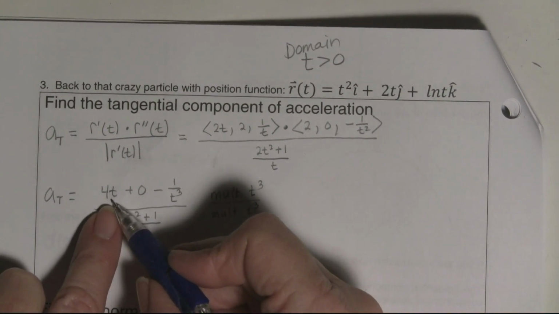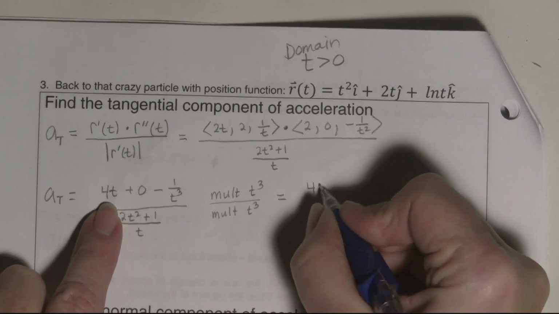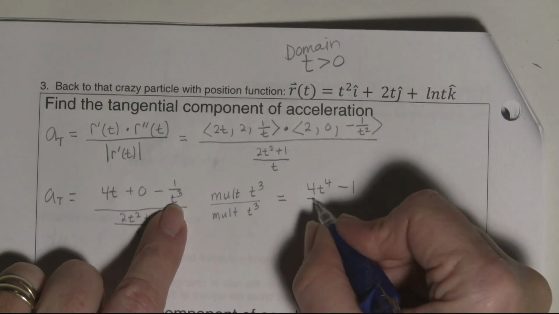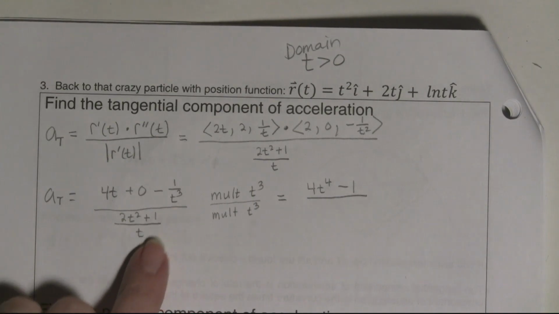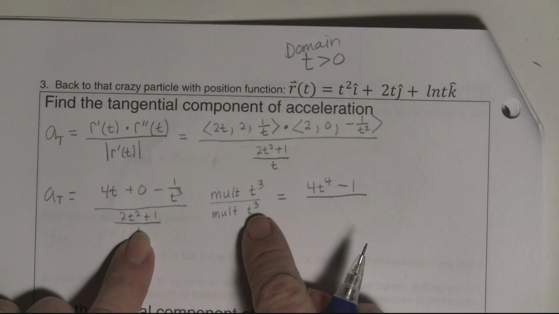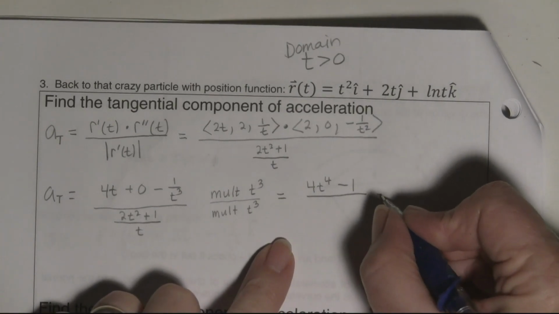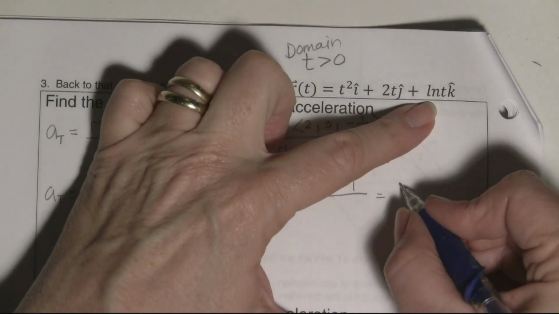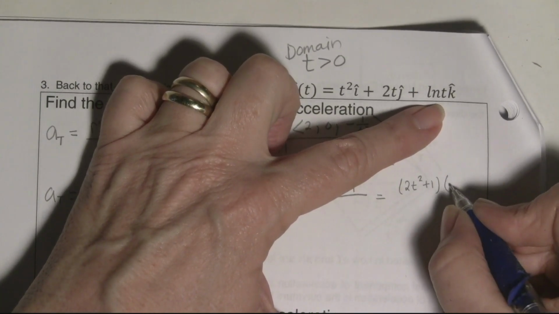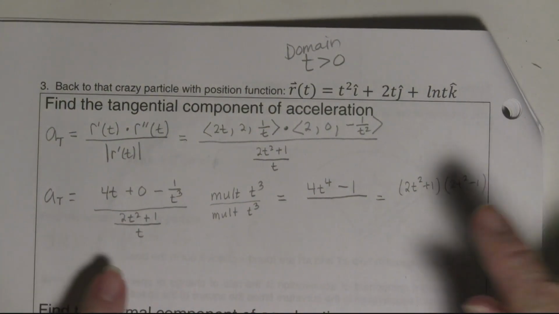So when I multiply this by t to the third, I get 4t to the fourth, 0 I'm going to ignore, and then minus 1. And in the denominator, I'm going to allow myself, just because I can see what's going to happen. Can you guys see what's going to happen right here? This thing factors, right? My algebra students were factoring these the other day, and they weren't happy. I'm going to factor it so you can see that.